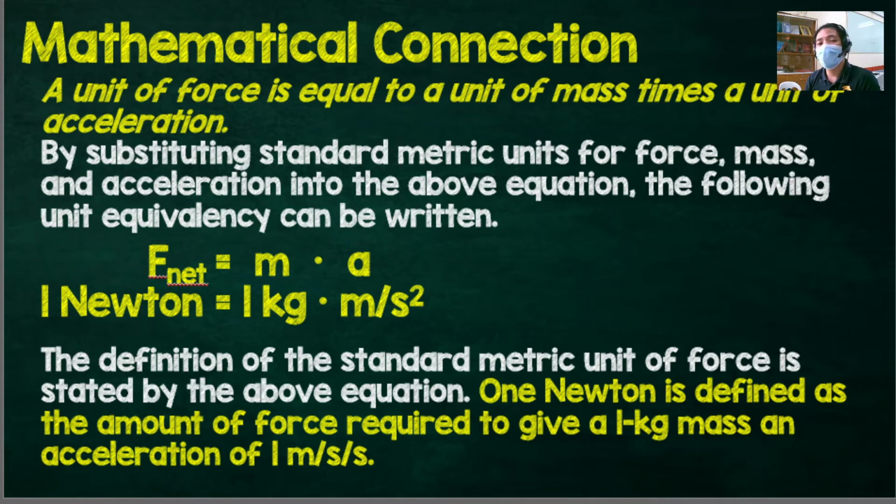This is based on the standard of the metric system. You see, the formula that we use for acceleration is not just an ordinary formula, but also a conversion within their units.